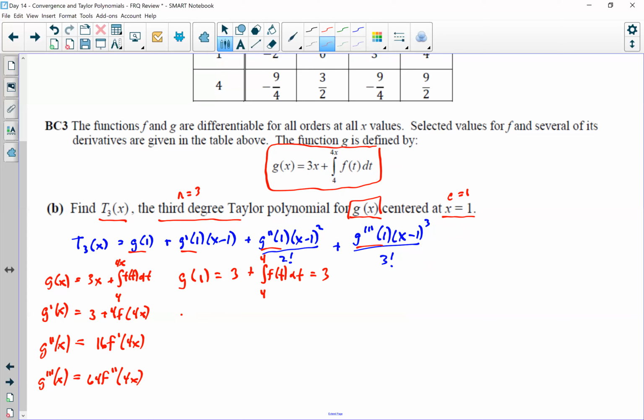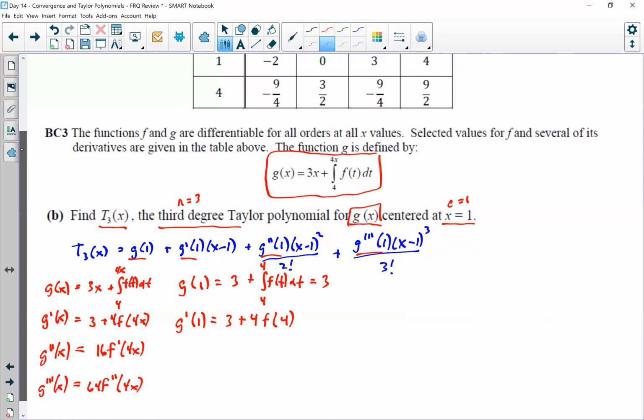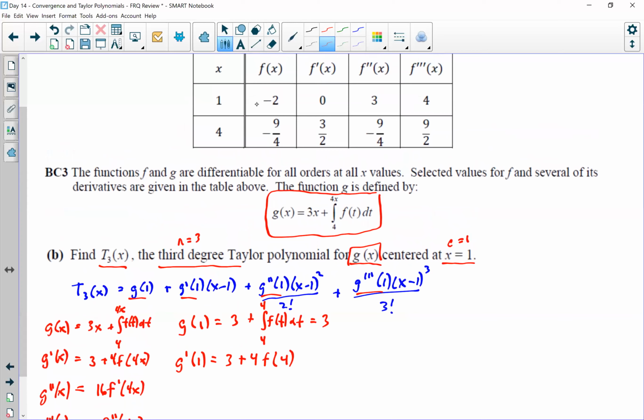And then g prime of 1, which is the next thing that we need, is going to be, according to this, 3 plus 4 times what? When I plug in 1 for x, I have to plug in 1 for this x. Now it becomes f of 4, doesn't it? So it turns out I don't really need this top row when x is 1. I need to find f of 4, which is right here.